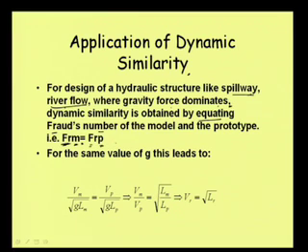Now, if the elevation of the point where we are conducting the experiment and where the prototype actually exists is not much different, then the acceleration due to gravity, G, we can consider the same for model and prototype.